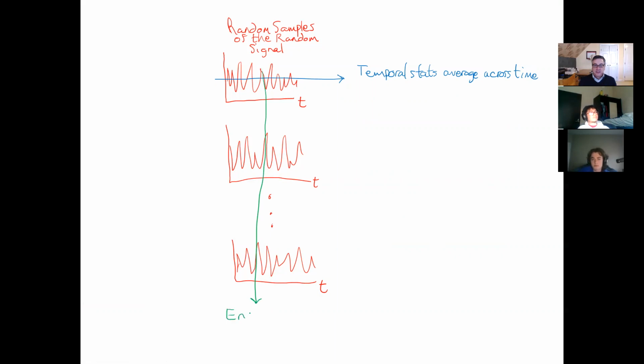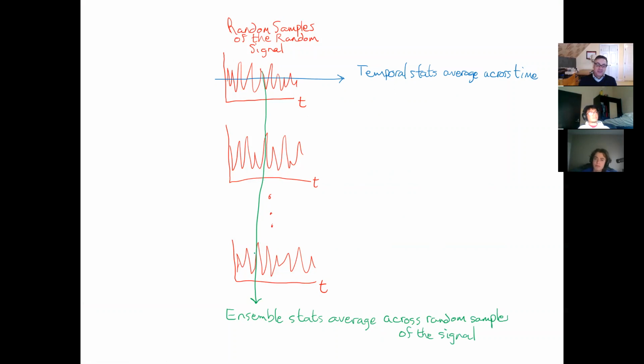But ensemble statistics, average across, I'll say, random samples of the signal. So basically, we can look at it essentially as averaging two different ways.